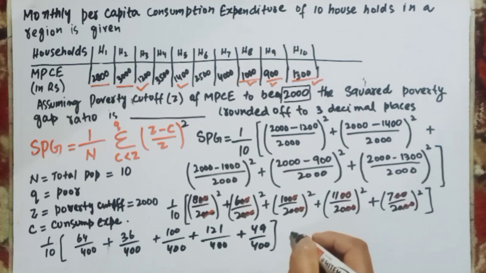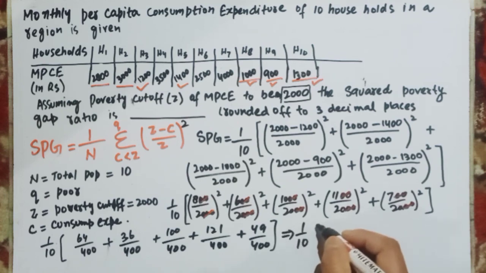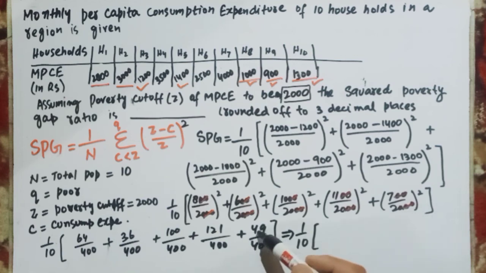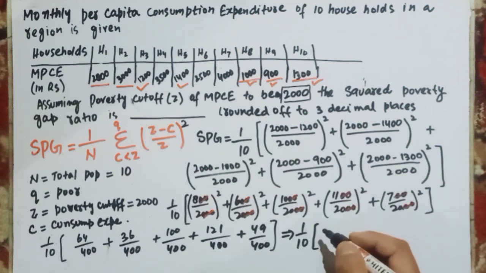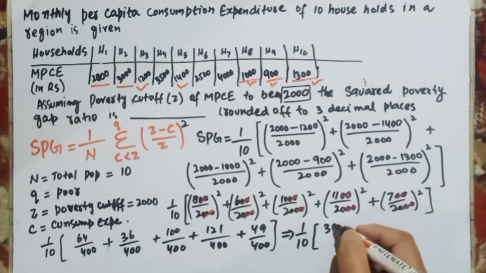So this implies we have 1 upon 10 times the sum of 49, 121, 100, 36 and 64. This comes out to be 370 upon 400.